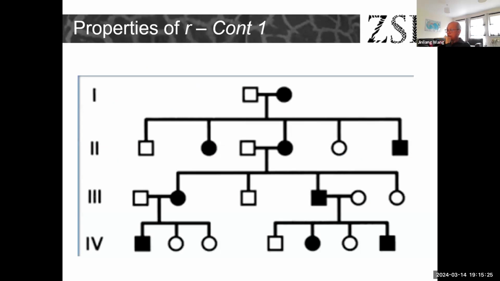So here is the example. It's a 4-generation pedigree showing the relationships between individuals. Here we focus on the 7 individuals in the 4th generation at the bottom.